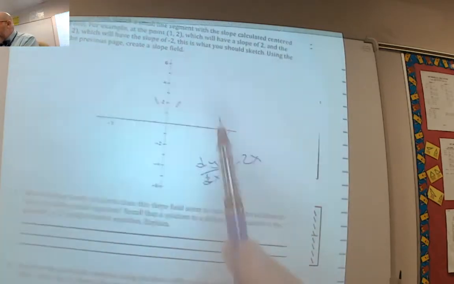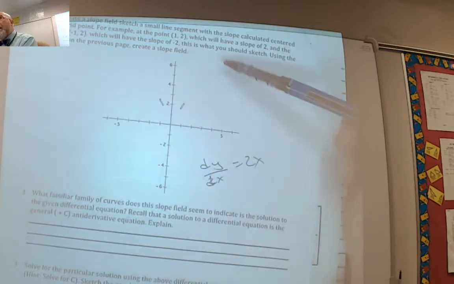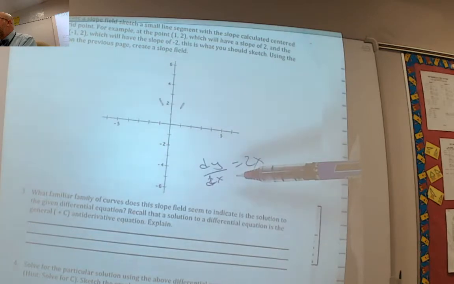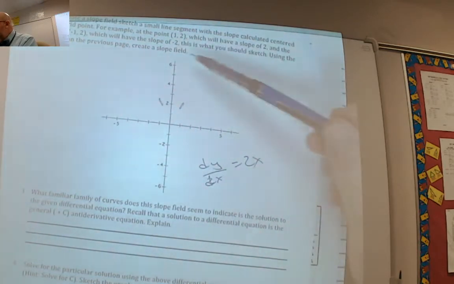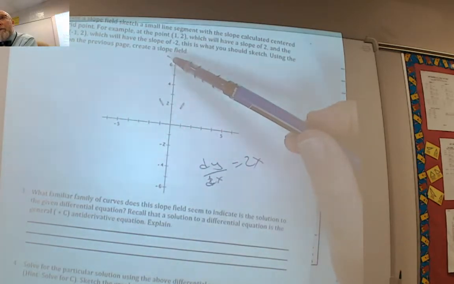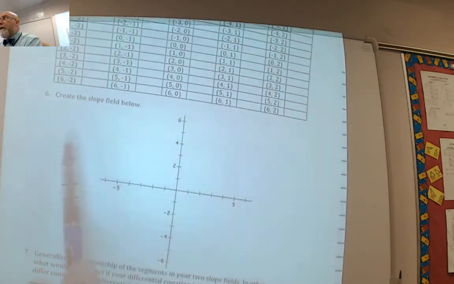Now on these, as you looked vertically, all these segments should be parallel to each other, correct? Because x is the same as you go up or down. So when you graph these, they should have looked the same going this way. Am I correct?